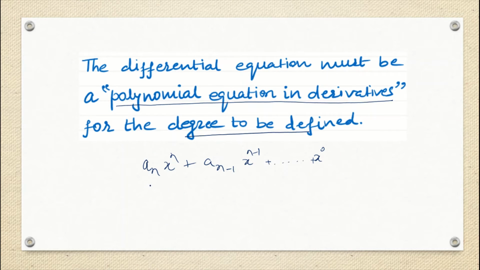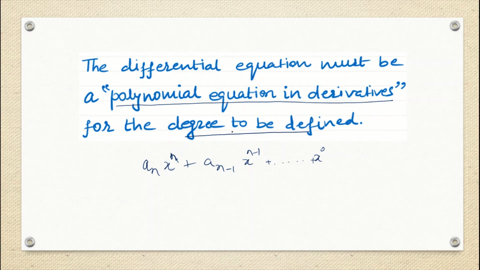This is polynomial in nature. Why? Because the power of this variable x is always a non-negative number. It won't be negative, and it won't be fractional.